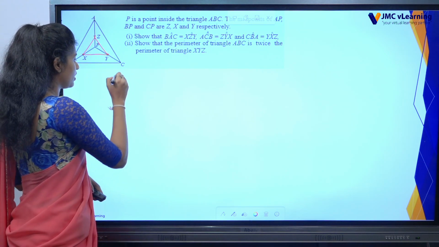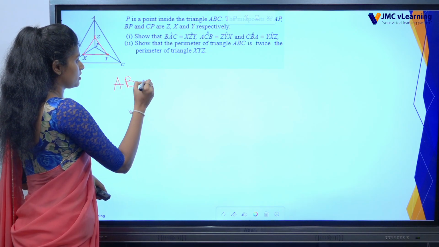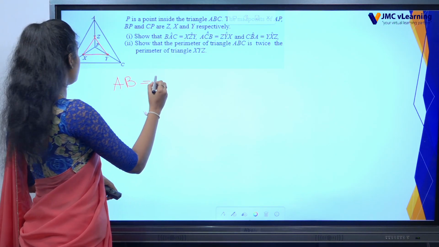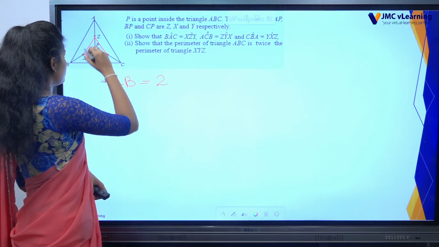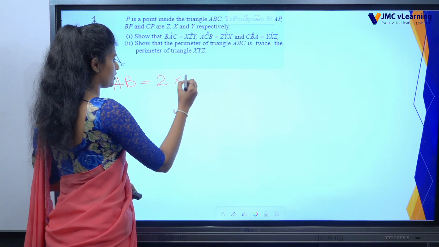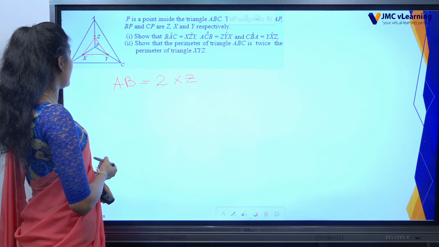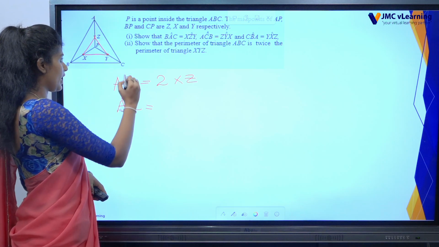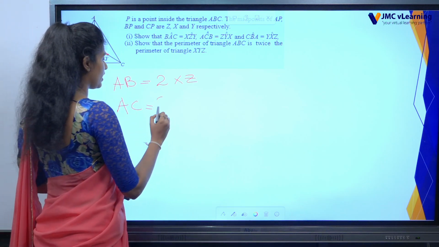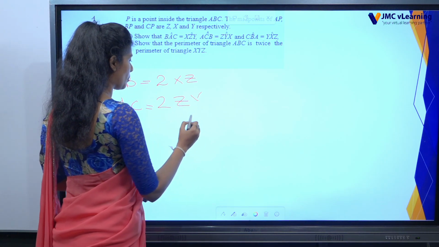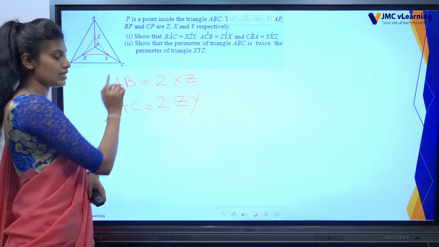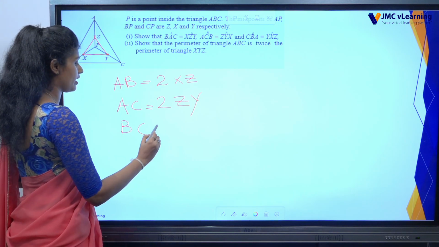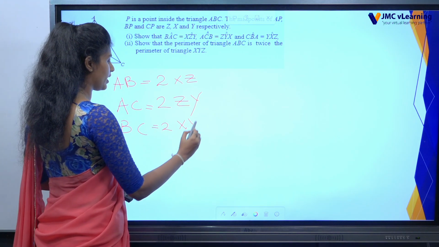Then we know AB is equal to 2 times XZ line, and AC line is equal to 2 times ZY line, and BC line is equal to 2 times XY line.